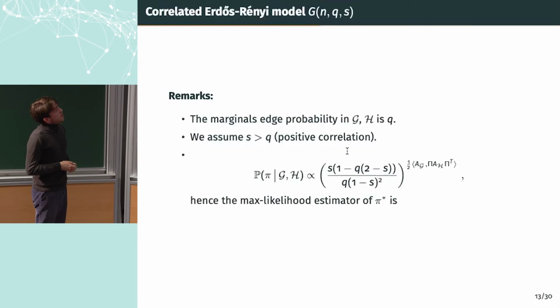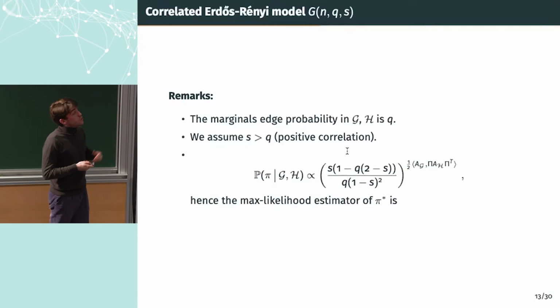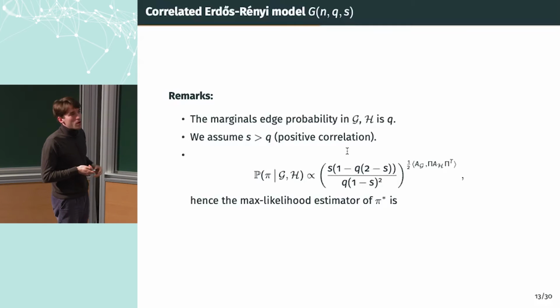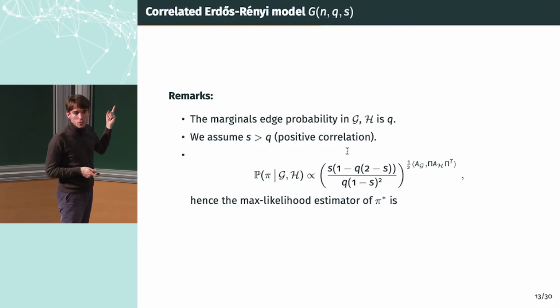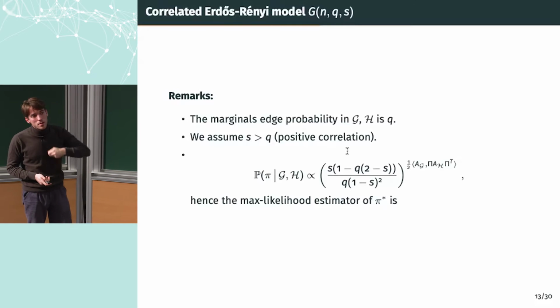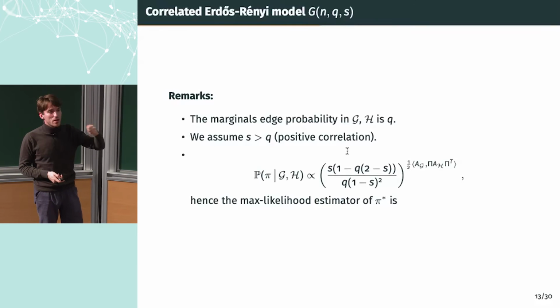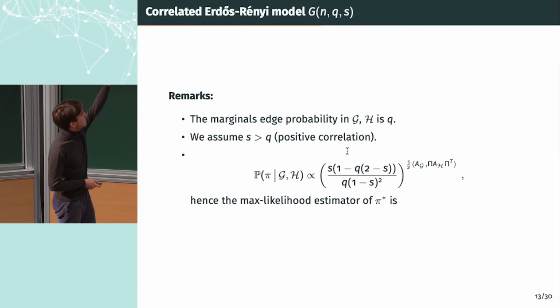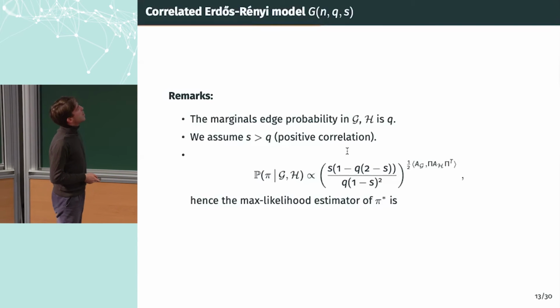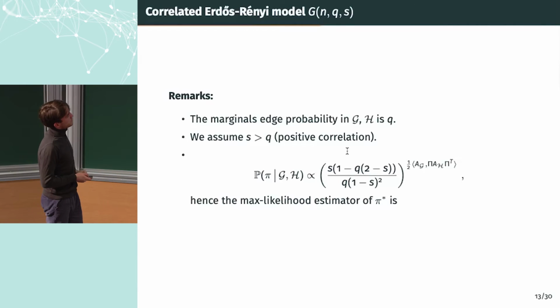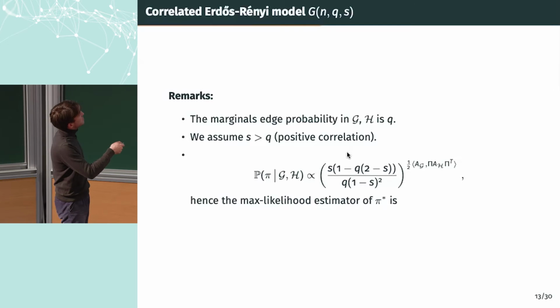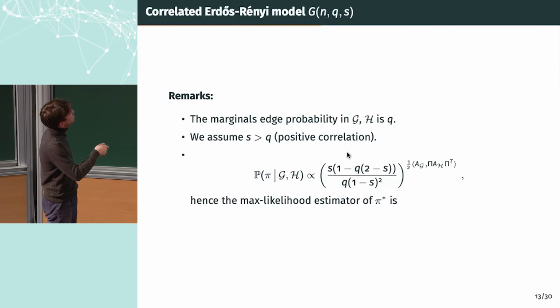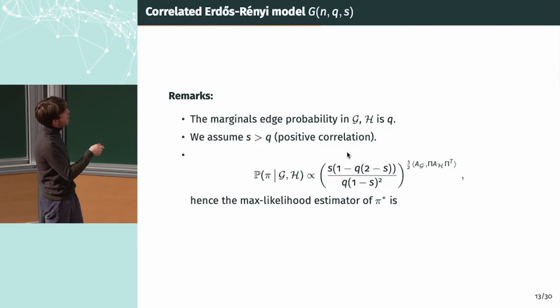Okay? A very nice quantity to look at first when you deal with this kind of problem is the so-called posterior distribution of the signal given the data. So what's the probability that the underlying alignment is pi? You can compute it. You can believe me, it has this form. And the quantity here is some positive constant. So if I want a max likelihood estimator, I want to maximize this kind of stuff.